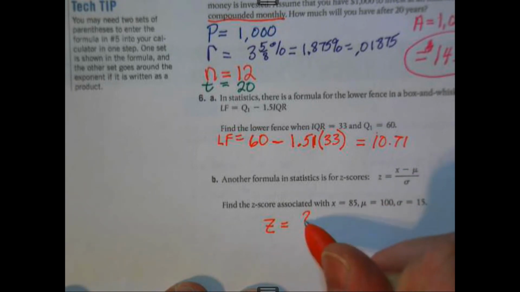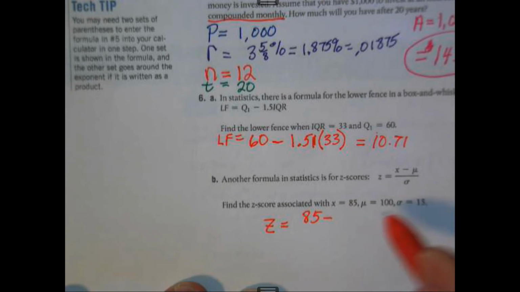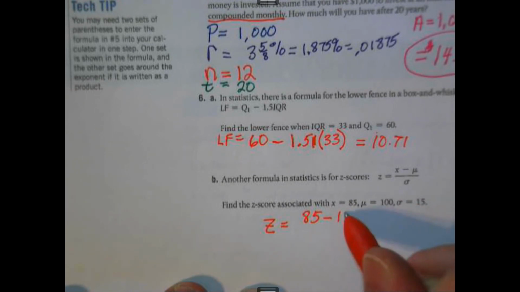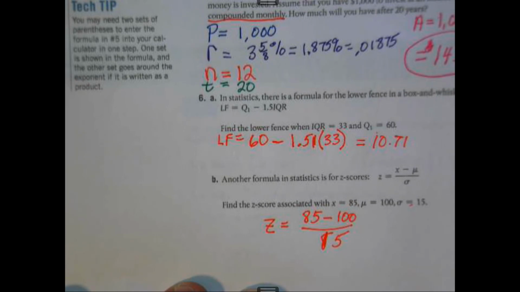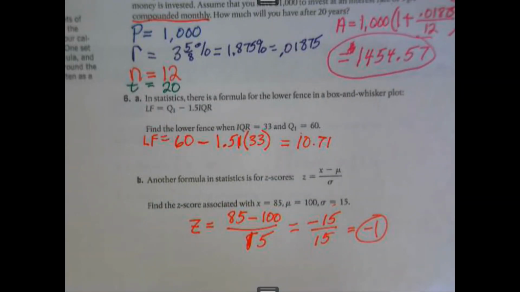X equals 85 minus mu, which is 100, all divided by sigma, which is 15. Okay, 85 minus 100, negative 15 over positive 15, which is negative 1. That was pretty straightforward.